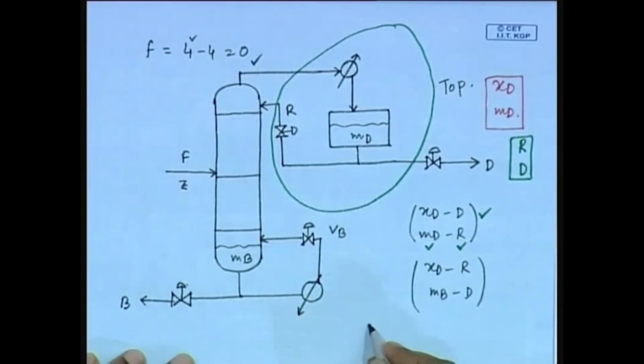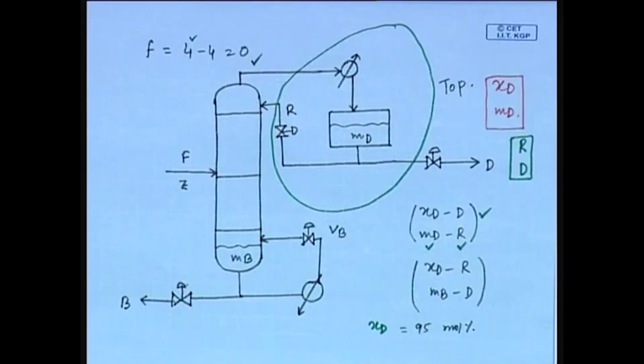Suppose the distillate purity presently is 95 mole percent. Now, we want to change it to 98 mole percent purity.